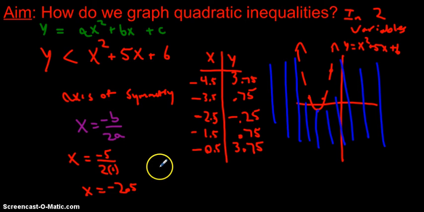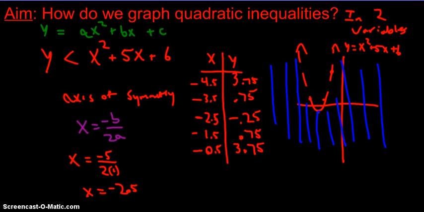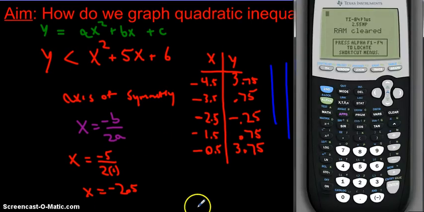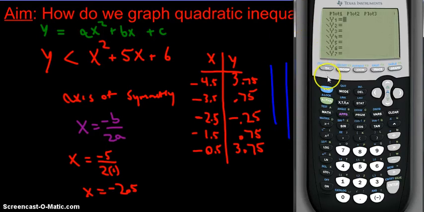We haven't really talked about that yet, but you are supposed to know how to find the axis of symmetry. Your calculator also has some features. If I didn't have so many tabs open, I would have used the calculator before. I did get it open, so let me quickly do this for us. So we have y equals x squared plus 5x plus 6.